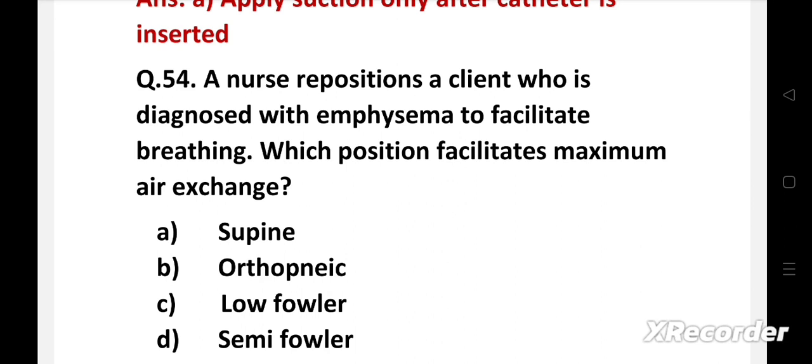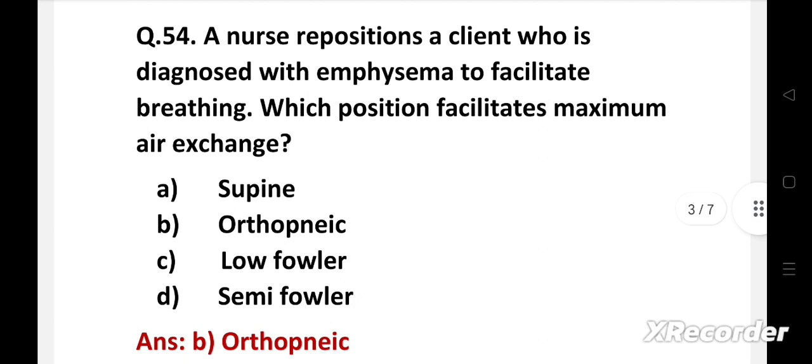B, orthopneic. C, low Fowler. D, semi-Fowler. Right answer is option B, orthopneic. The orthopneic position is a sitting position that permits maximum lung expansion for gaseous exchange.